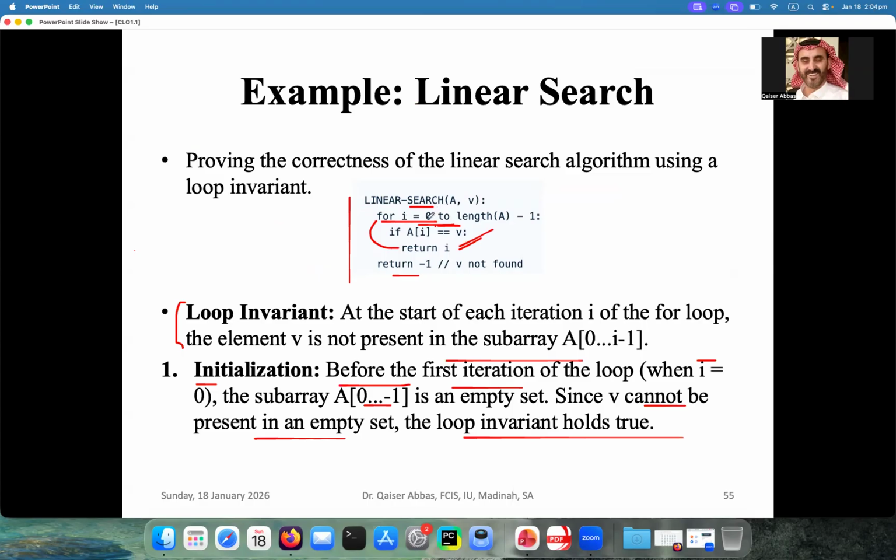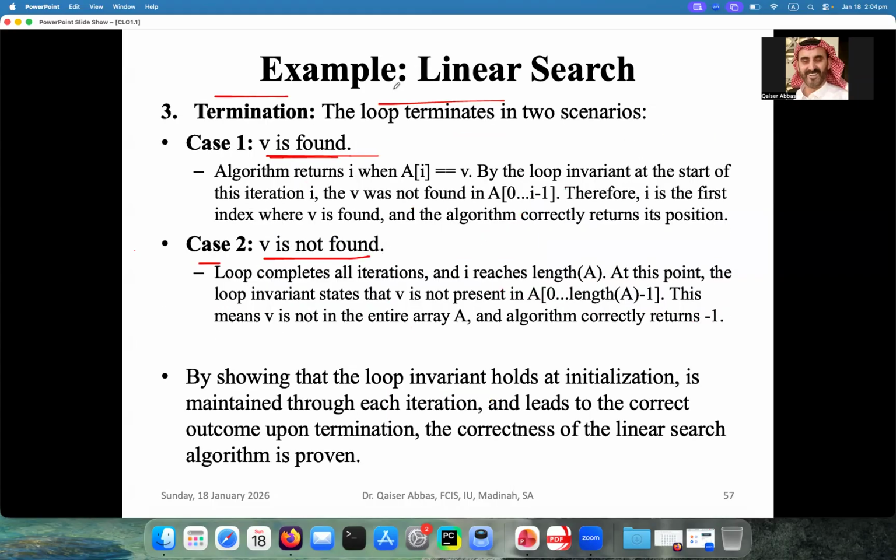So what is going on? Loop from 0 to length of A, if A[i] equals V, return i and return. So when it is equal, you are returning a location. When it is not equal, you are executing the loop, you are iterating the loop. When the loop will terminate, V is found.